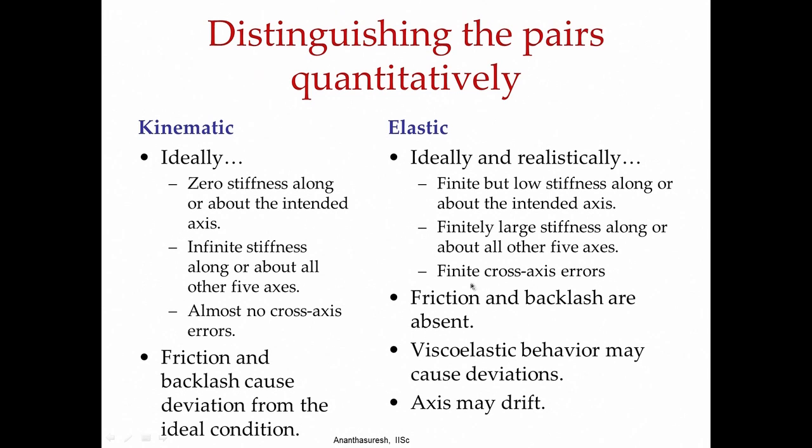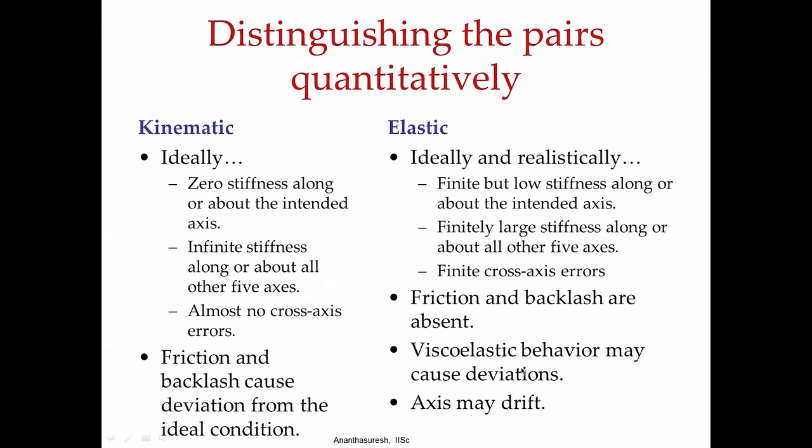And there will also be cross axis errors, that is, if you move about the x axis, there may be some movement about the y and z axes also, either translations or rotations. Here the cross axis errors are usually very small or not present at all. Here you have friction and backlash, whereas for compliant mechanisms there is no friction and no backlash.